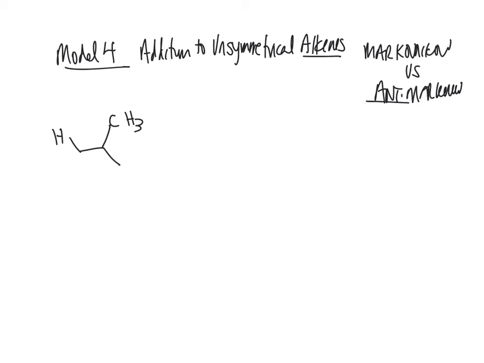Now, if you look at the other models, the starting alkene was symmetrical. This one's different. What does that mean? Well, it means that of the two carbons that make up the carbon-carbon double bond, they have different numbers of substituents.